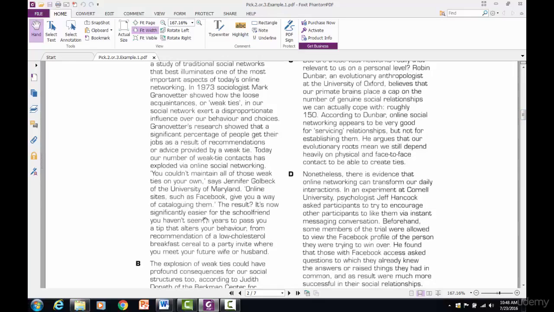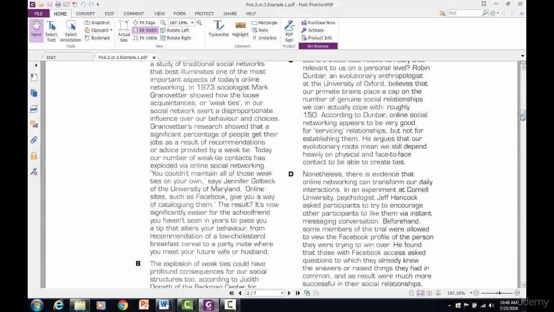It's now significantly easier for the school friend you haven't seen in years to pass you a tip that alters your behavior from recommendation. So this is talking about the ability to meet your future wife or husband.